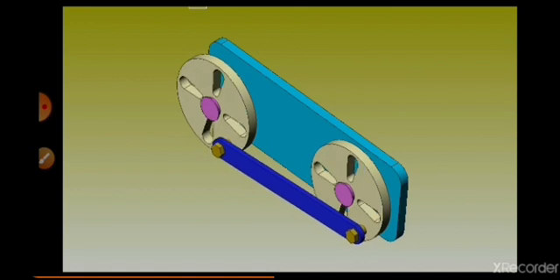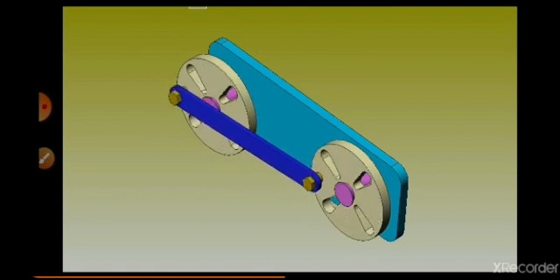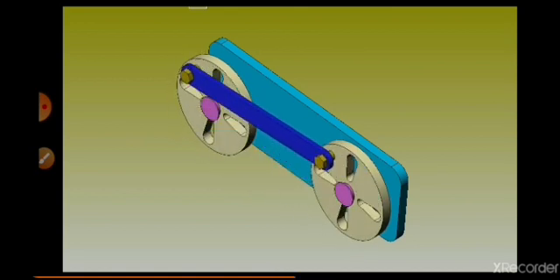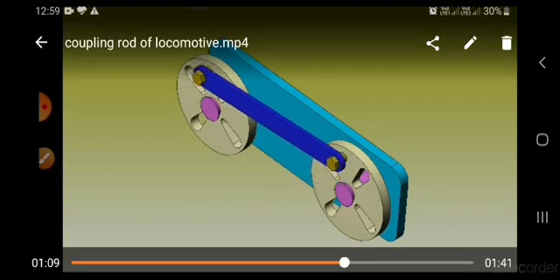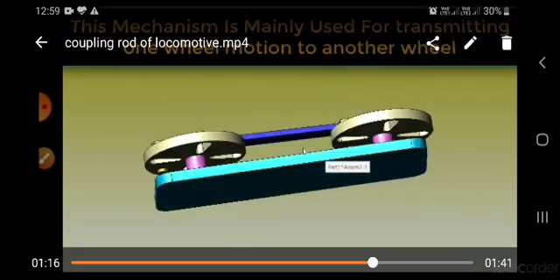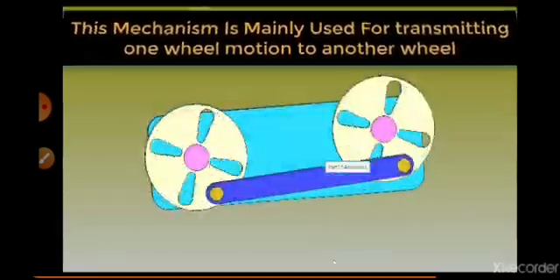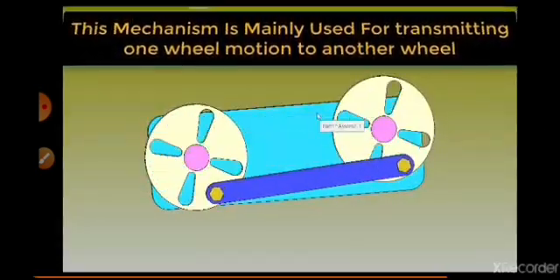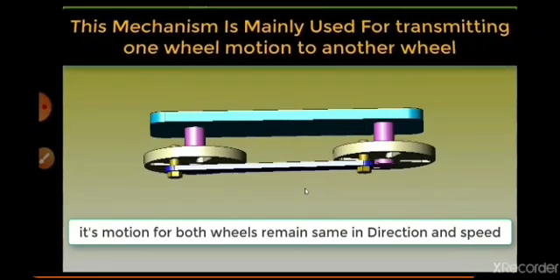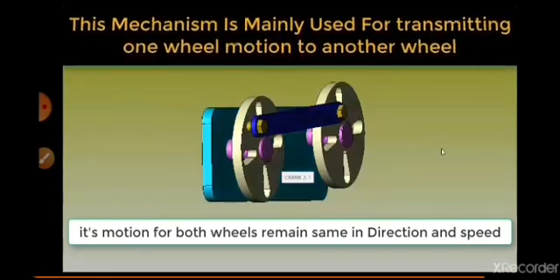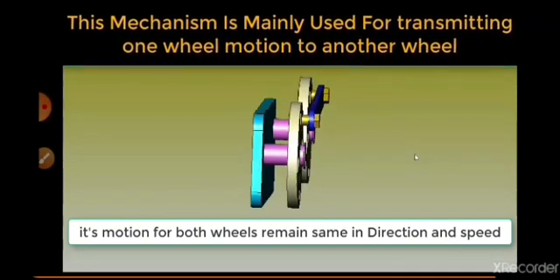You can see the animation of a coupling rod of a locomotive. This mechanism is mainly used for transmitting the motion of one wheel to another wheel. The motion of both wheels remains the same in direction and speed.